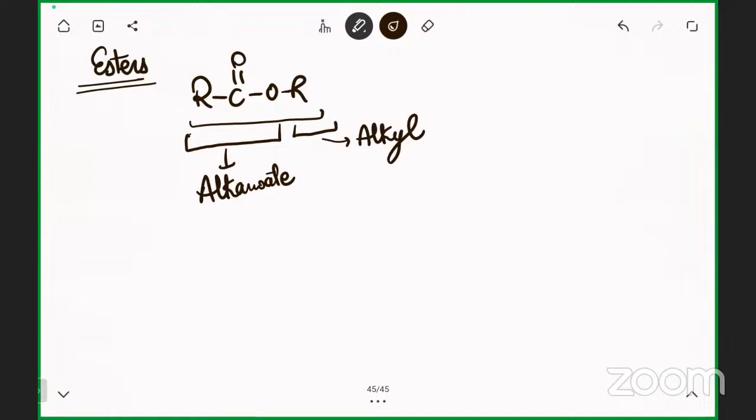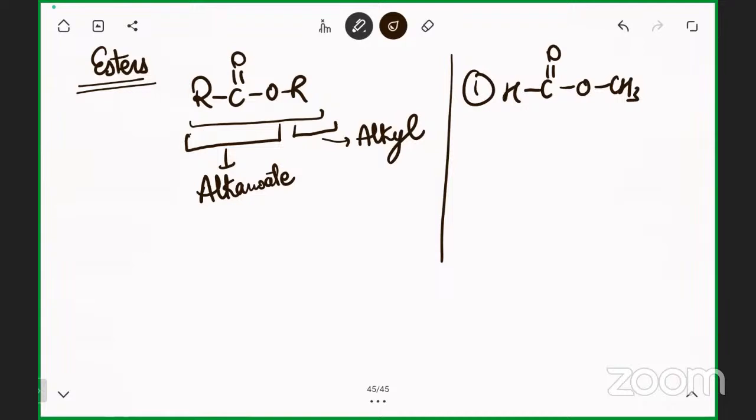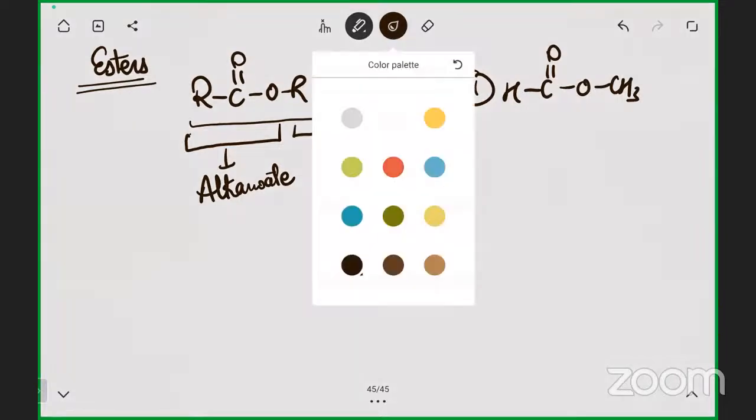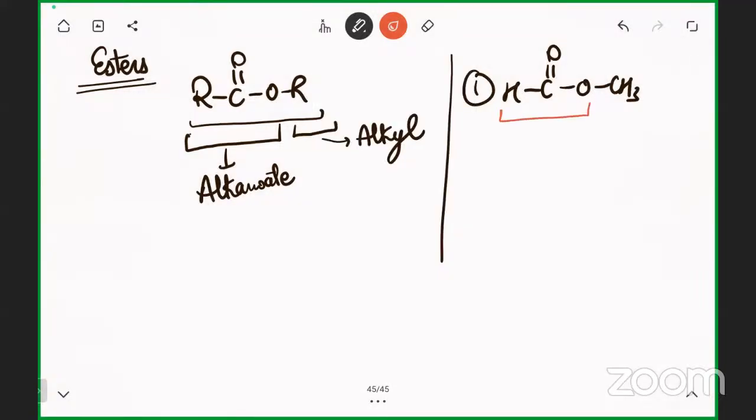For example, I'm doing a simple example of HC double bond O single bond O single bond CH3. So this is the compound. I told you that half of the portion is considered as alkanoate and this one is alkyl.